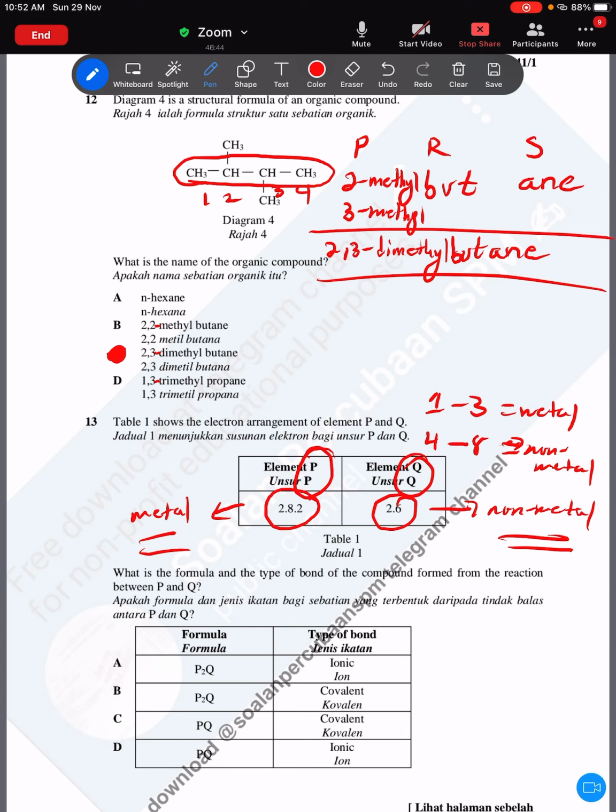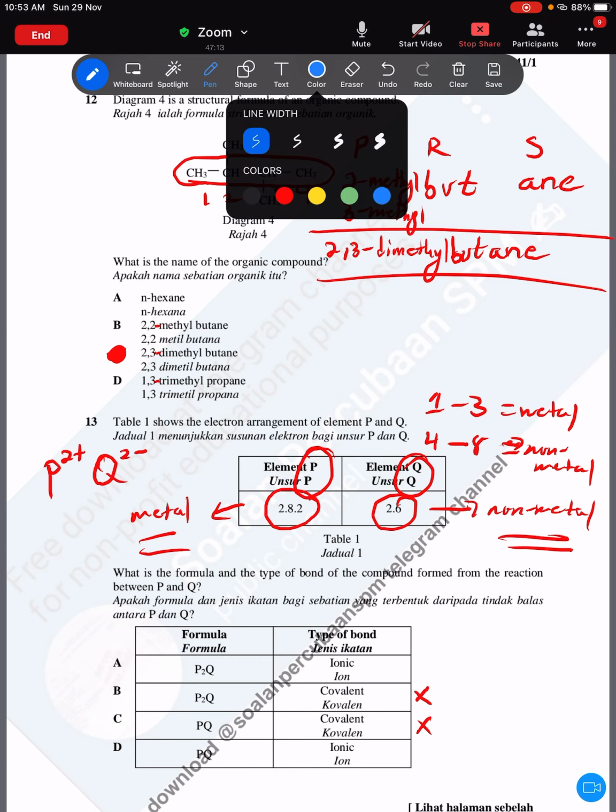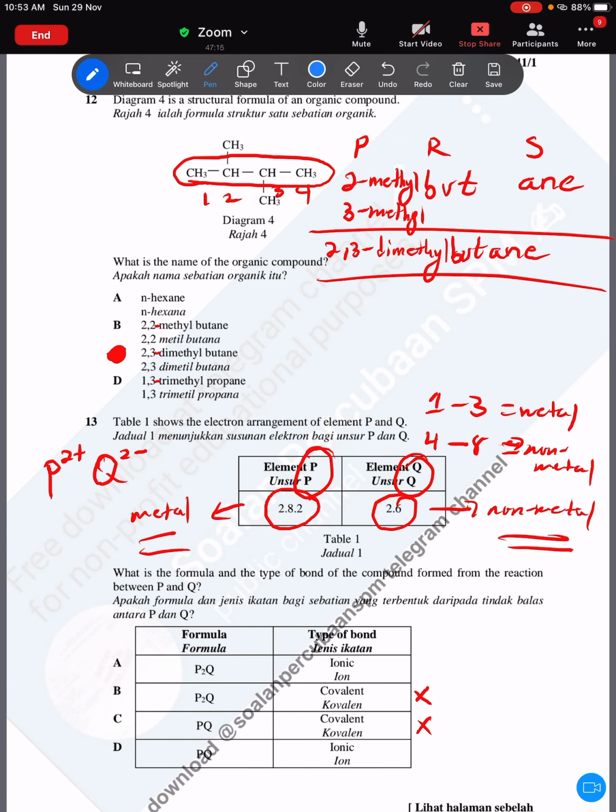And of course, B and C will automatically be wrong. By looking at the possibilities, you know P has 2 valence electrons, therefore it's 2 positive. And Q is 2 negative because it lacks 2 electrons.